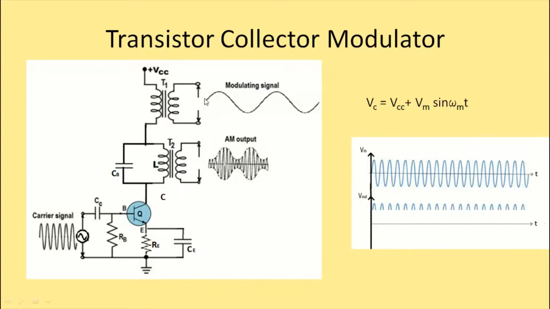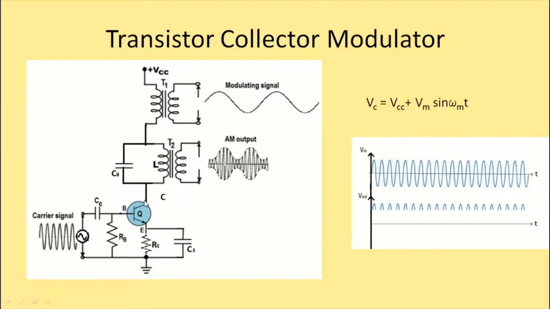Now let me take some intermediate value, wherein say the voltage here is equal to 1 volt. So if the AC signal here is at 1 volt, then that 1 volt signal is seen at the primary. It is coupled to the secondary. So if I now measure the total voltage here, it is VCC plus 1 volt. Now you can see that when compared to the previous condition, the current biasing is slightly increased.